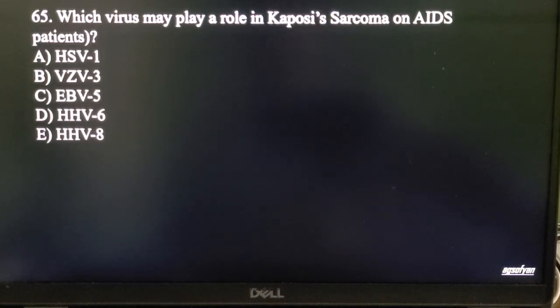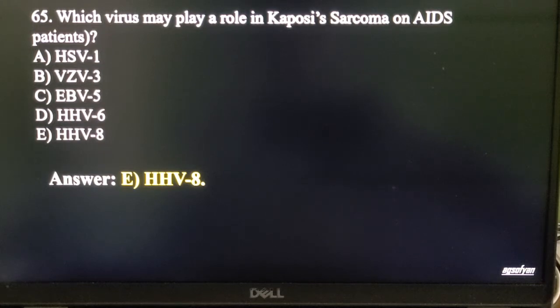Number 65. Which virus may play a role in Kaposi sarcoma in AIDS patients? HSV1, VZV3, EBV5, HHV6, or HHV8? Choose your answer. Yes, HHV number 8, the last type of human herpes virus.